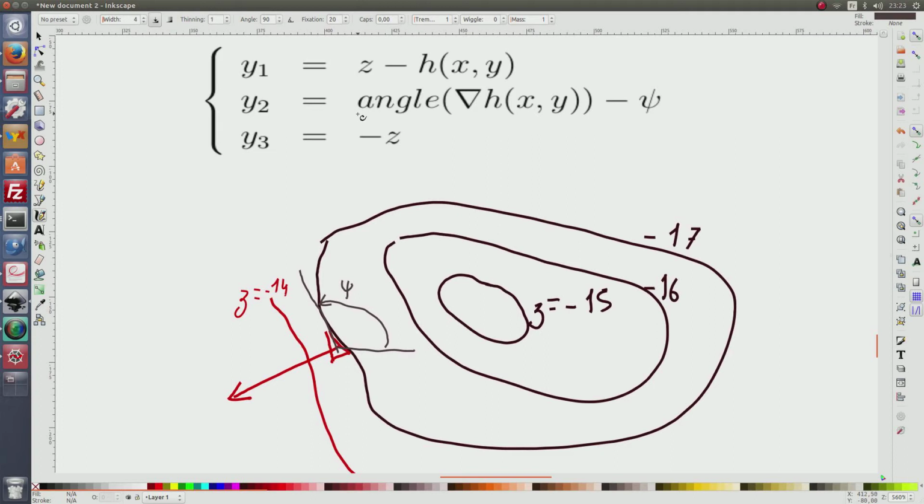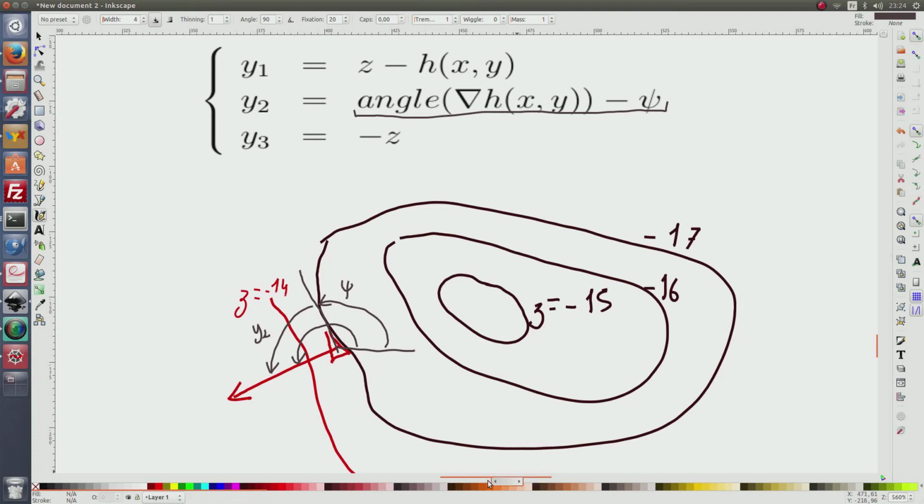And what is explained here is that the robot is able to measure the angle of the gradient, so this angle, in its own frame. So it means that it is able to see this angle, and this angle corresponds to y2.